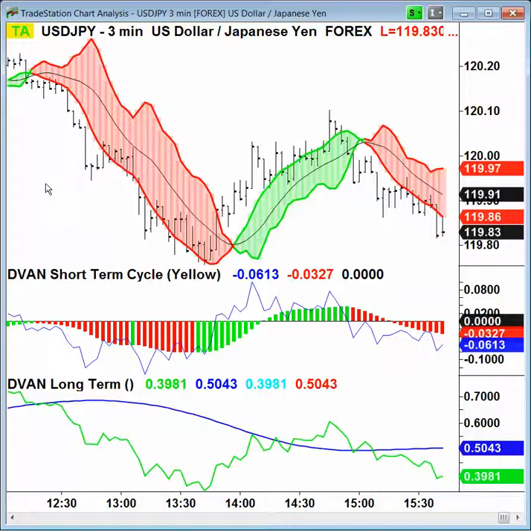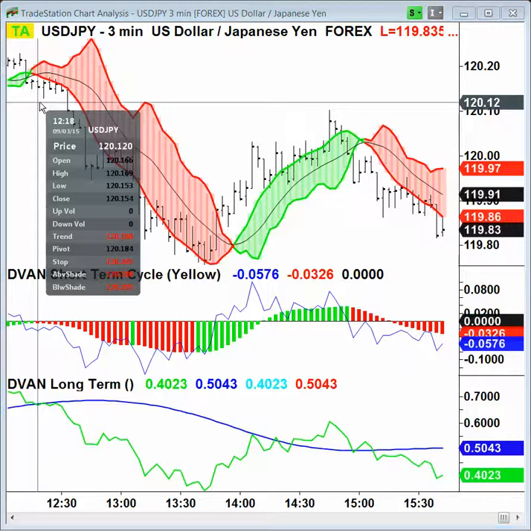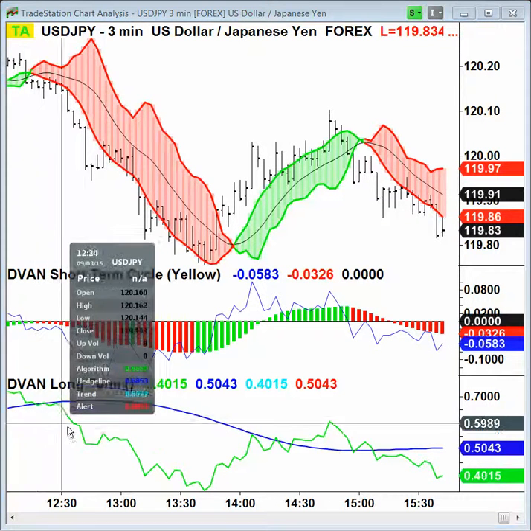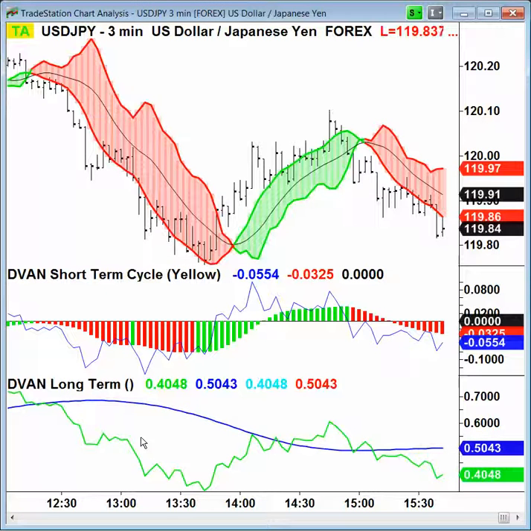Things to watch for after you enter your trade: you want to look at confirmation by making sure the cycles have changed. So in this case, we're in when the cycles have already changed, which is an even stronger signal. And we'll watch the progression of the long-term trend, and as it goes negative, it creates our expectations for a larger down move.